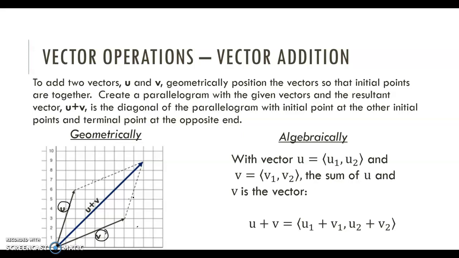So this dark blue vector is the geometric depiction of these two vectors added together. Algebraically, in component form, you add the first ones together, add the second ones together to get your new vector.